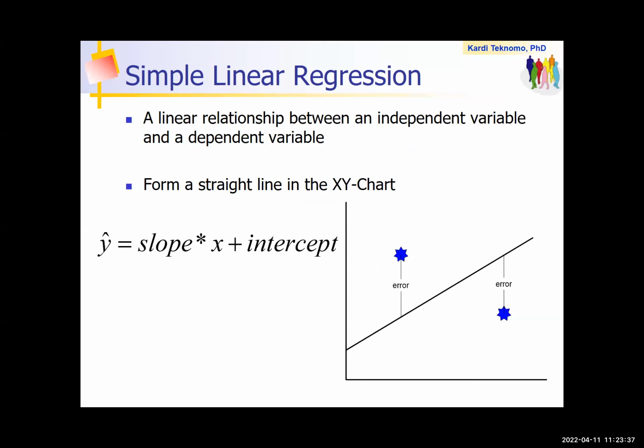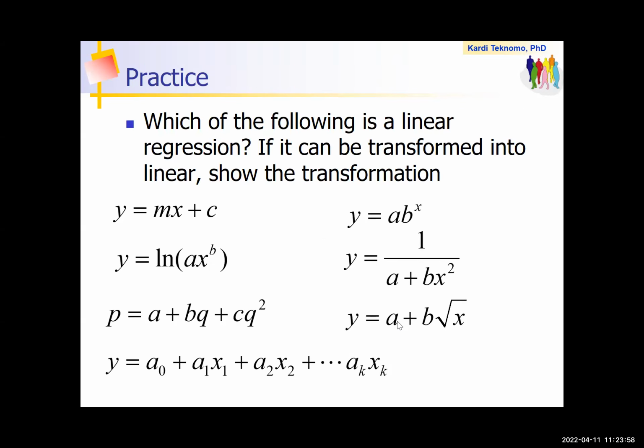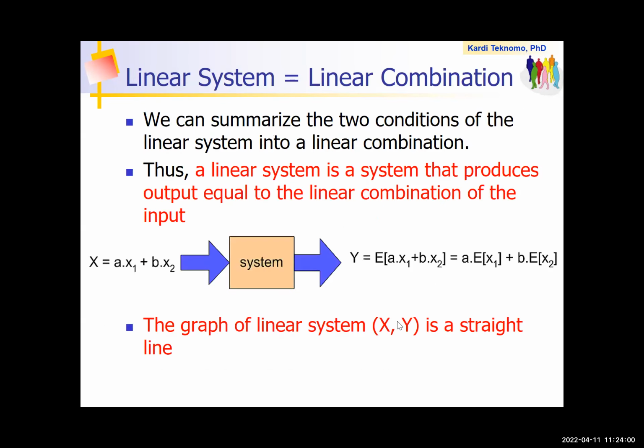Simple linear regression is a linear relationship between two variables, x and y. X is the independent variable and y is the dependent variable. You probably already learned this in high school. This linear model is very simple.